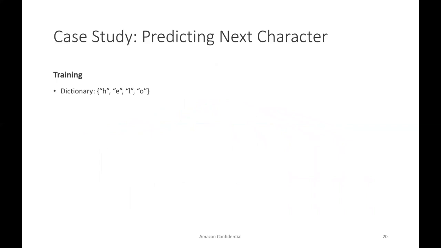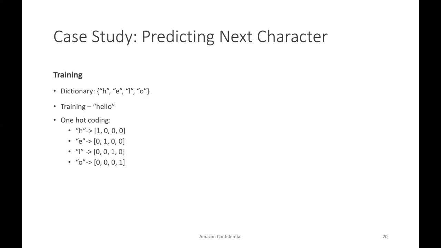So we will take a small example here: how do you predict the next word, or the next letter, for example the next character in a word? Our training data will be this word hello, and we will do a one-hot encoding to denote which letter is incoming.